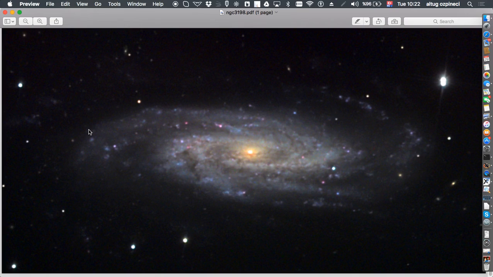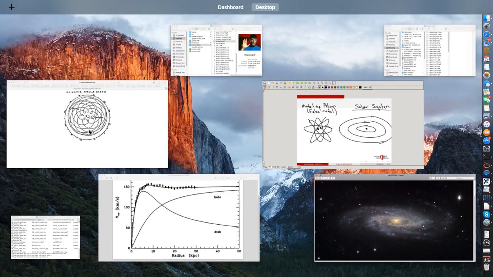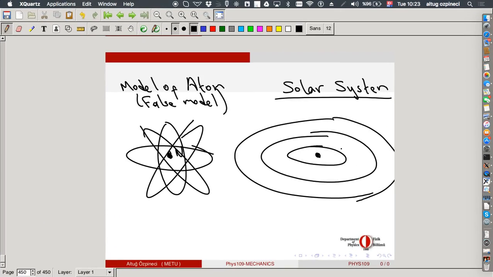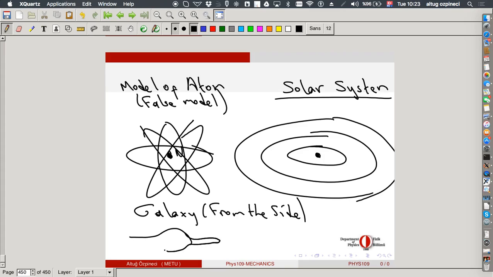If you would just look at it from the side, just like the Milky Way, this is how the galaxies look. Now the center has a bulge. This is how the Milky Way looks from the side. It's still flat. Why are they flat?